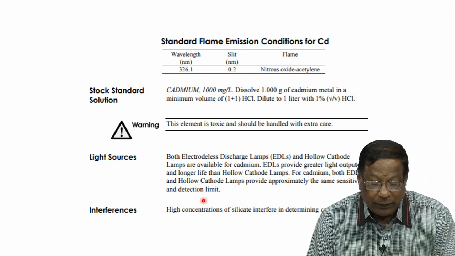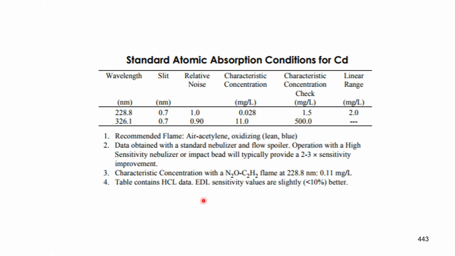Okay. So, you can see here even the linear range is only up to 2 ppm. So, you can determine cadmium concentrations up to 2 ppm, which is good because cadmium is a carcinogenic element.